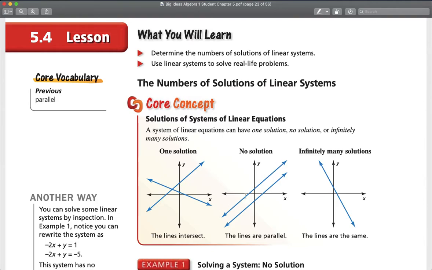You have two linear equations, but they're parallel, so they will never touch, or infinitely many solutions, where you get two linear equations which are essentially the exact same thing. They may not look the same, but when you manipulate them or change them around, you do get that they are the same equation. So you have infinitely many, right? Because there are many points that are overlapping.